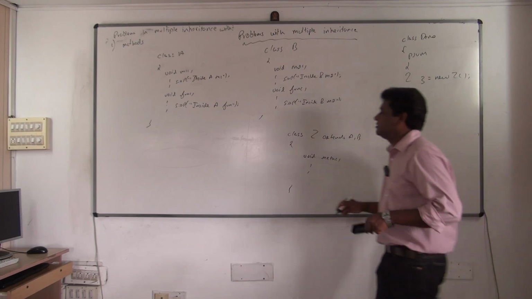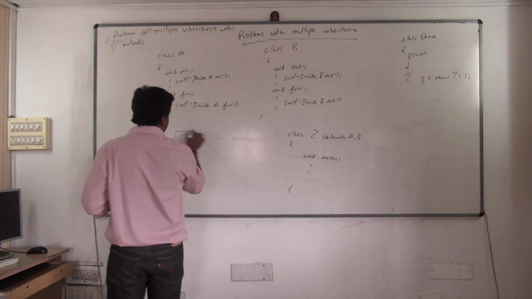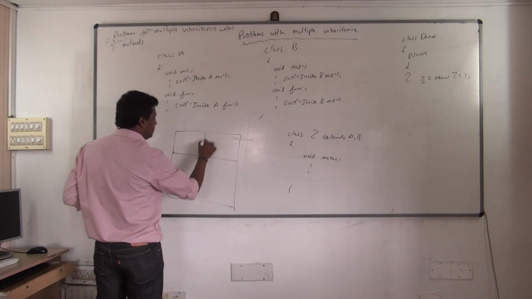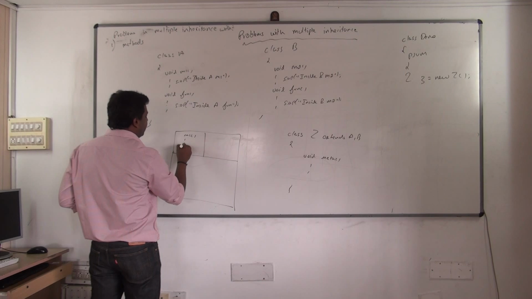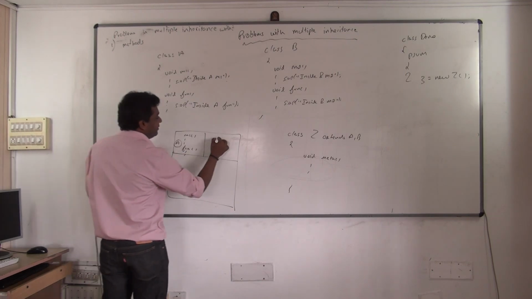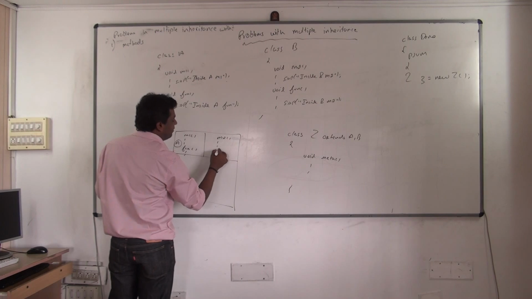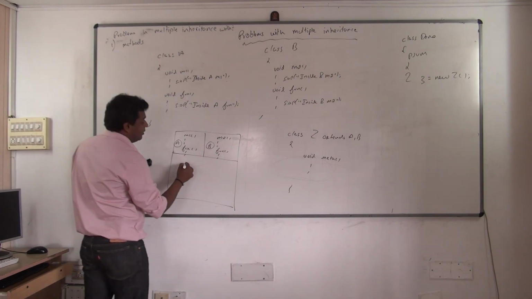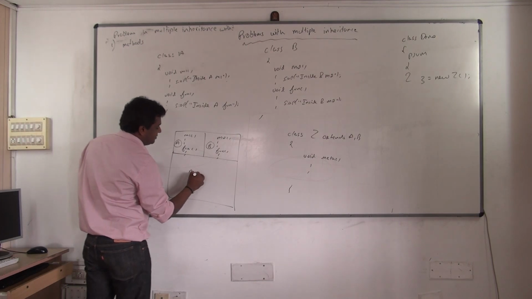In multiple inheritance it's better you draw it like this. M1 and fun are from class A. M2 and fun are from class B. Now, meth is an extra method from class Z.